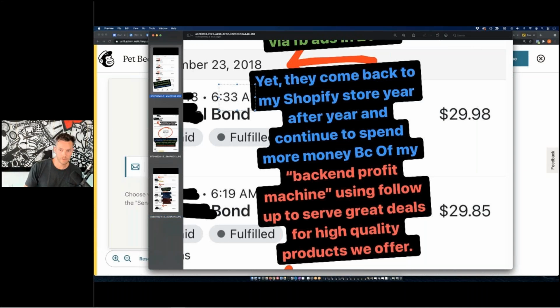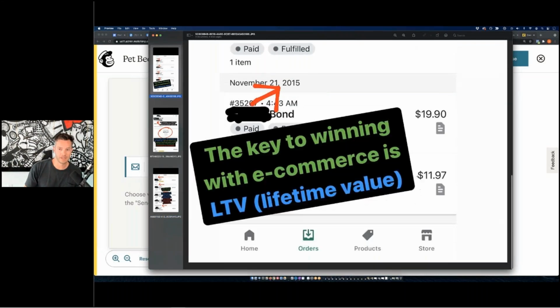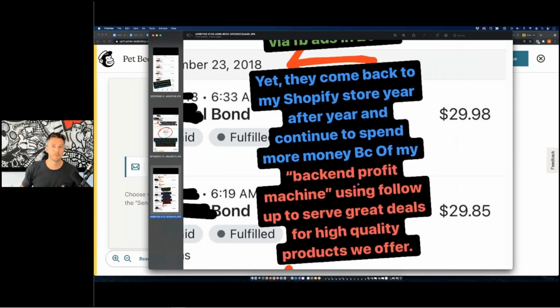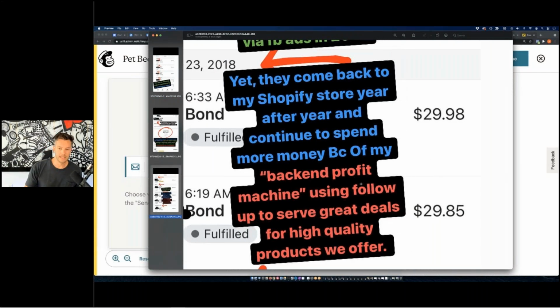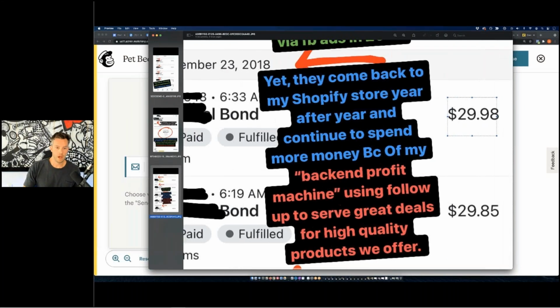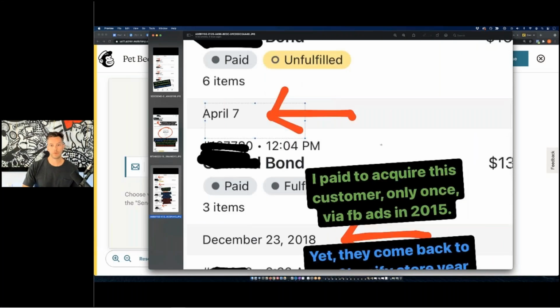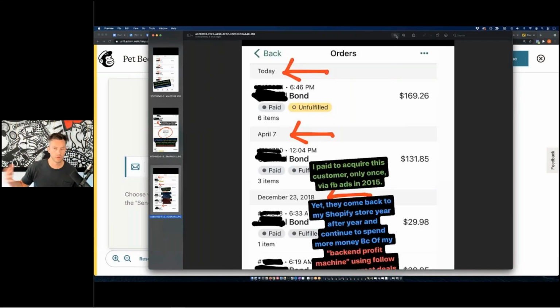Remember, their very first order with me was a measly little $11.97. Now I got them coming in because I have optimizations on my store, and they spent $29 and then another $30, a $60 order in one day. And then April 7th, this is really wild if you look at it. Now, I get a lot of customers, so I have orders coming in pretty much every day.